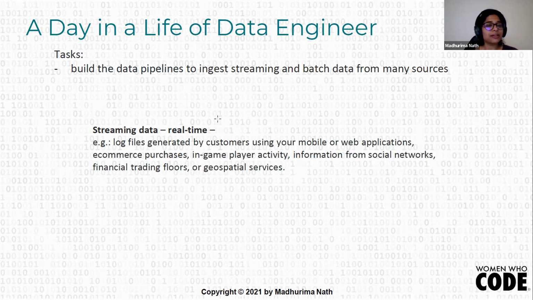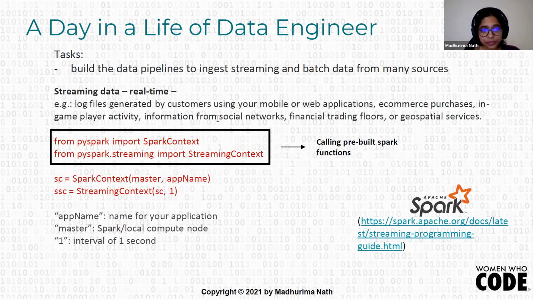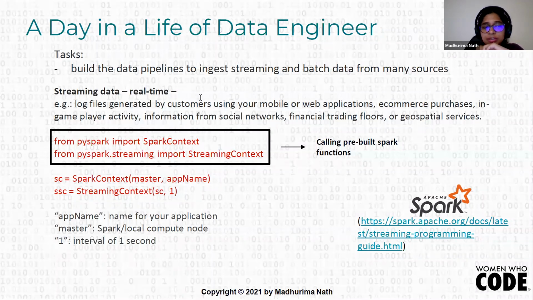Or if you are experts on video games, then all the player activity has to happen in real time. So all of these are streaming data. And before I design a pipeline, I need to figure out, am I ingesting streaming data or am I ingesting batch? So I'll go with an example of how to read streaming data.